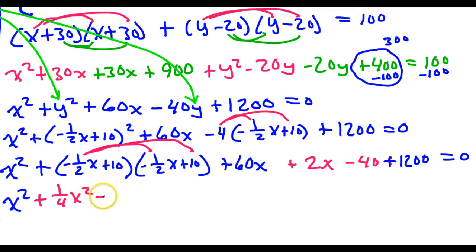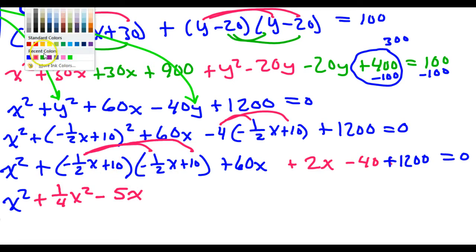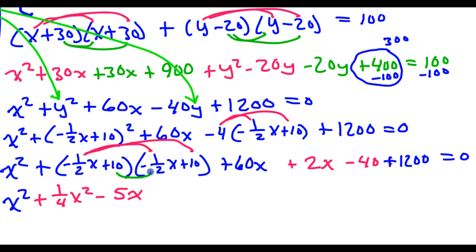So this will be negative 5x, because a negative times a positive is a negative. Alright, then we need to distribute the 10. Well, again, that's going to make negative 5x. Half of 10 is 5. And 10 times 10 is 100.